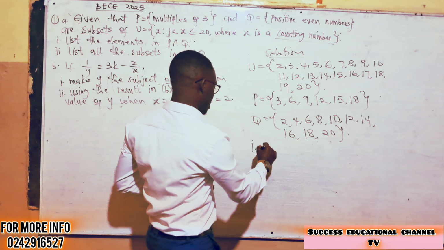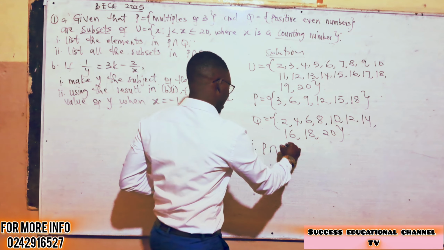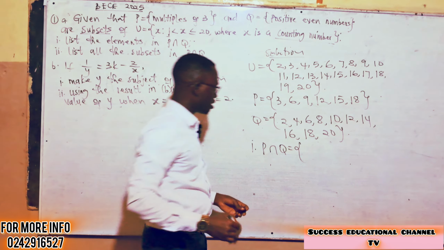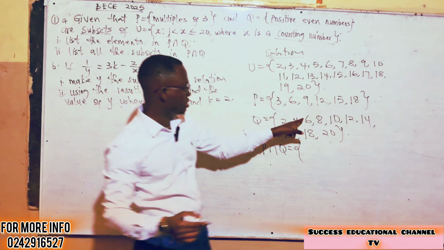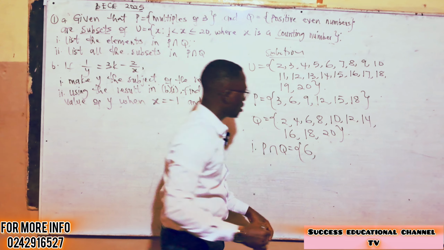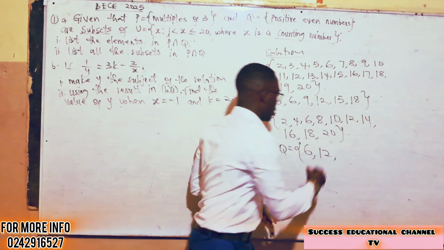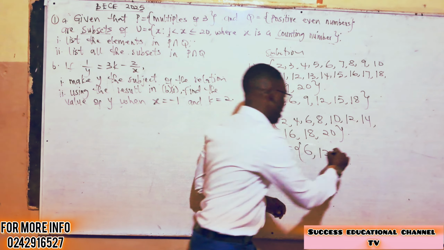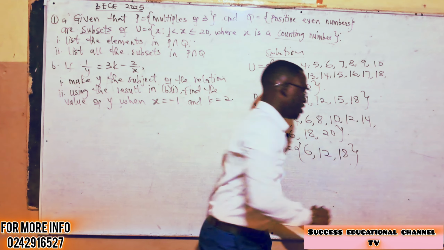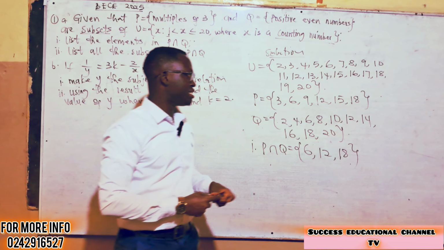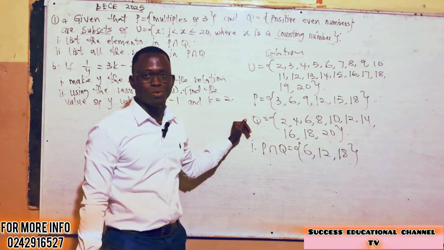So P intersection Q is equal to 6, followed by 12, followed by 18. These are the common elements in sets P and Q.